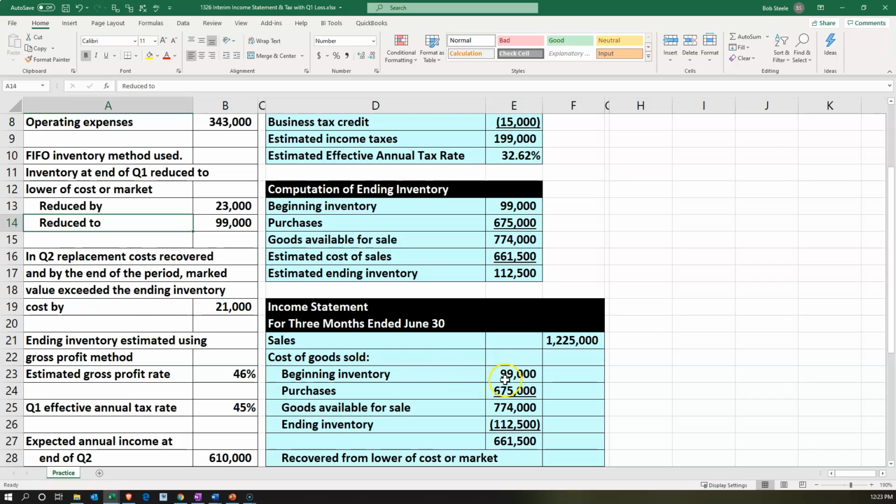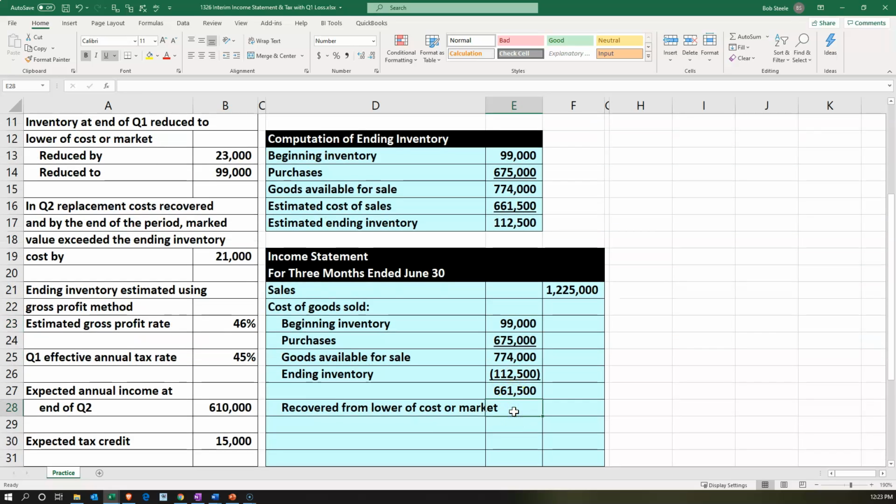So that means our beginning inventory, basically the ending inventory for Q1, was reduced to 99. So our beginning inventory was reduced here. Within our cost of goods sold calculation, we're then going to make an adjustment for the cost of goods sold for the 23,000 reduction here. And that will give us then our cost of goods sold.